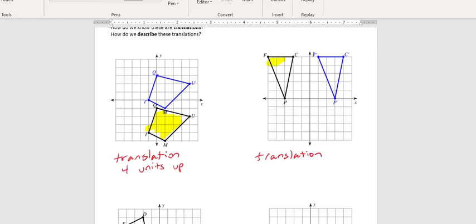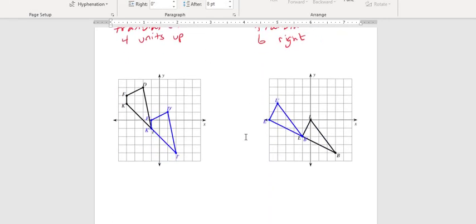This one does not have the primes, so that would be the original. So how do we get from here to here? If I go from C to C prime, it goes 1, 2, 3, 4, 5, 6 to the right. Okay. These two are the same idea, except now you're going down and right. Now you're going left and up.